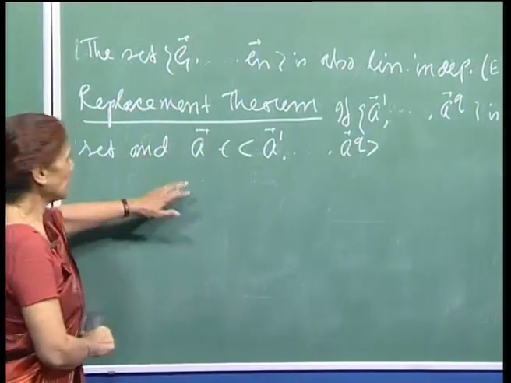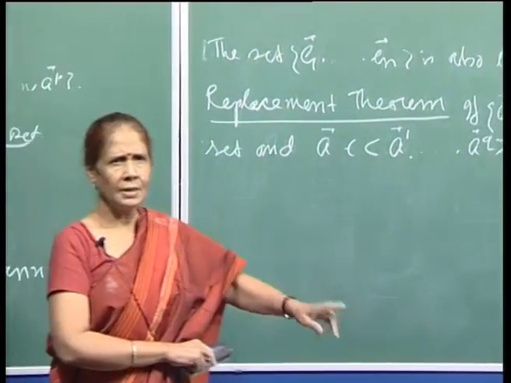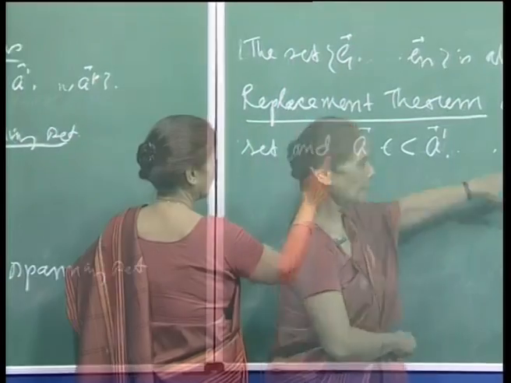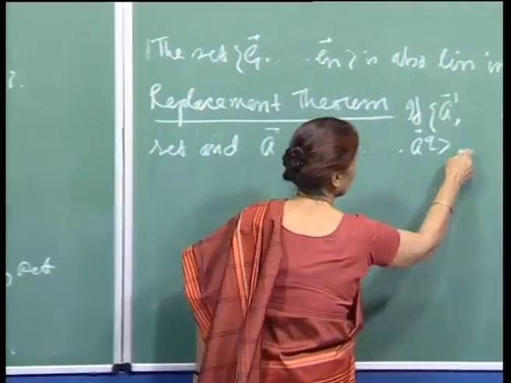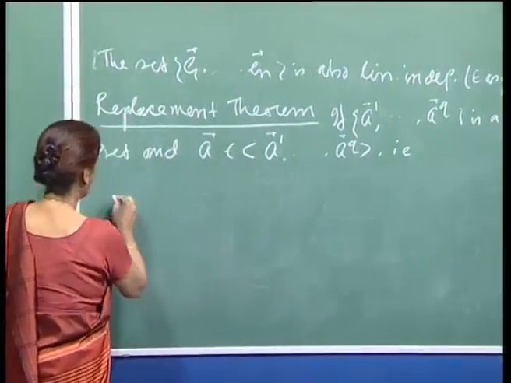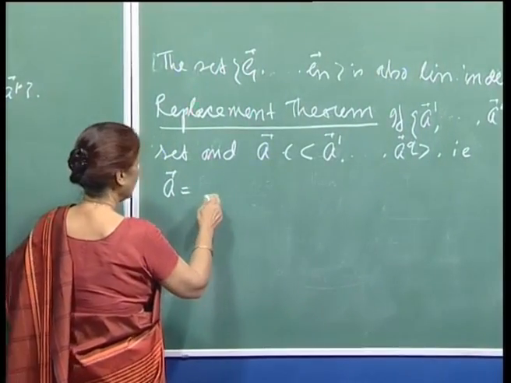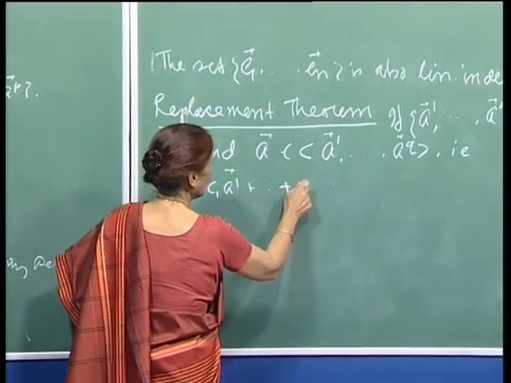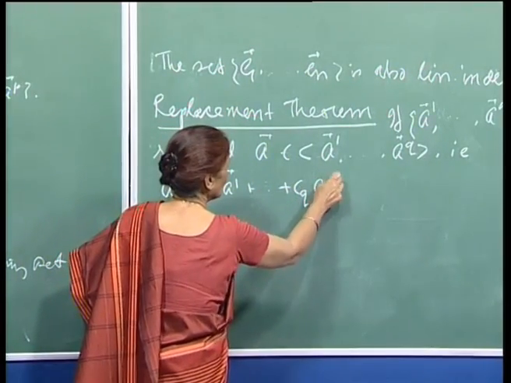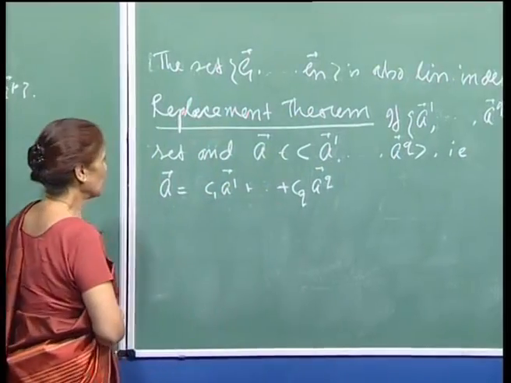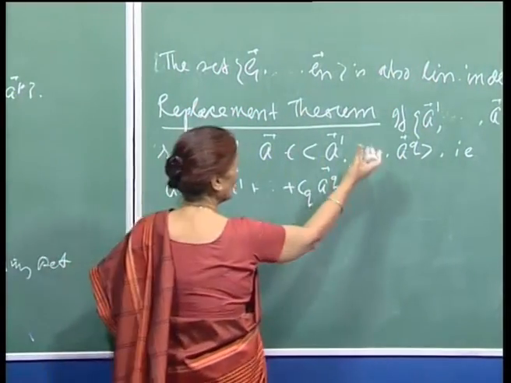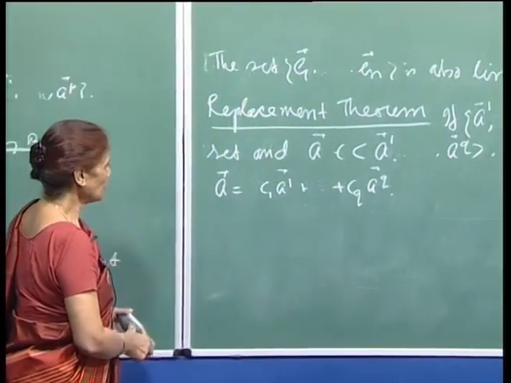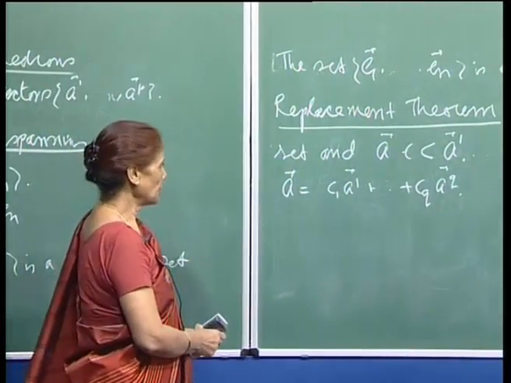That means A is a vector which can be expressed as a linear combination of the Q vectors. A can be written as C1 A1 plus ... plus CQ AQ, right, because A is a part of this span. Therefore, I can find scalars C1 to CQ such that A can be written in this way, right.